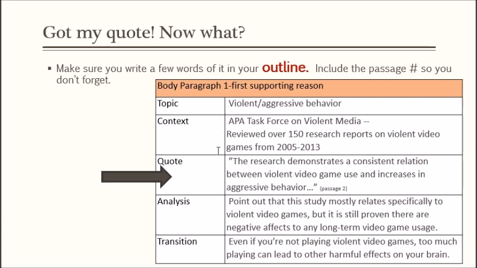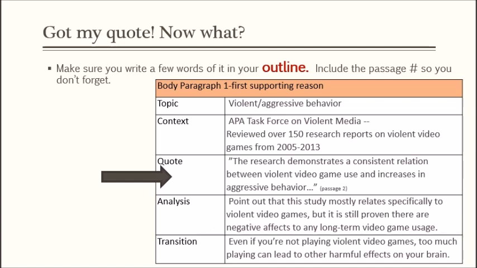If you got it from passage 2 and there's no title for passage 2 or there's no author, then you would just say passage 2. Whatever context you can give your reader, all that means is giving them an understanding of where you got that information from. So you're not just dropping the information in, you're saying, hey, I found this somewhere. Then you put your quote right there, and then you move on to analysis.